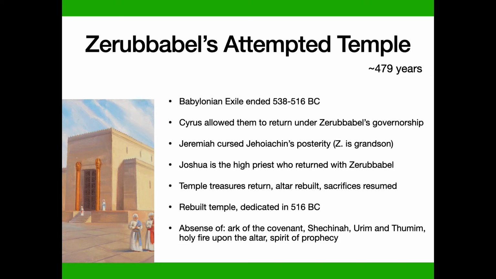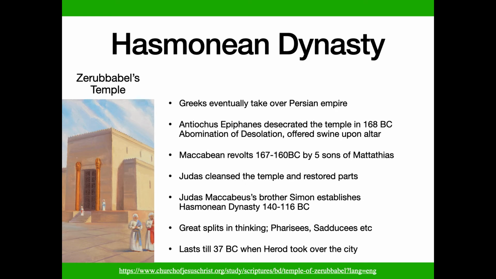But we do have Zerubbabel's temple that lasts about 479 years. So it's another whole period, just kind of like the United States, America. We have about 400, 500 years here. It lasts a long time, and they're doing these things for quite a while. But it's not without its labor pains and growing pains.